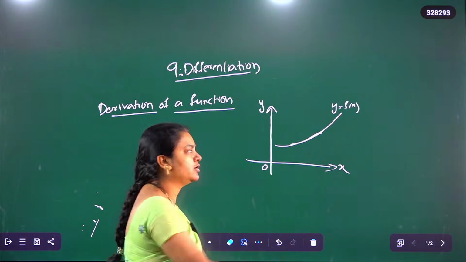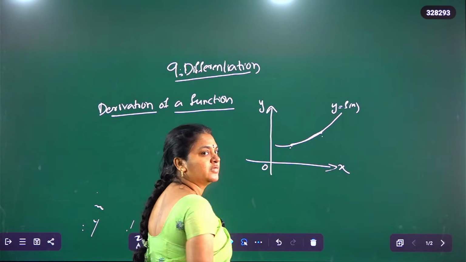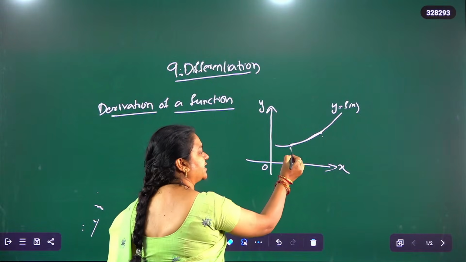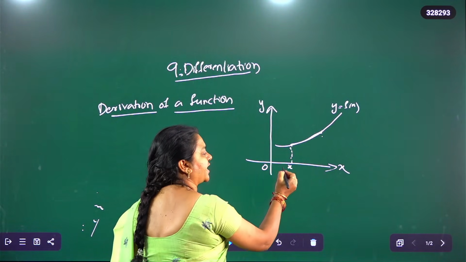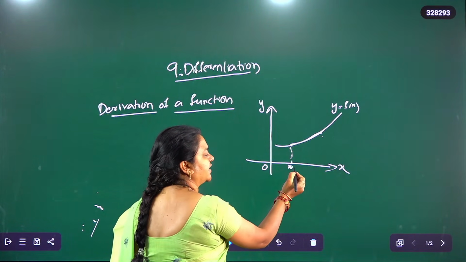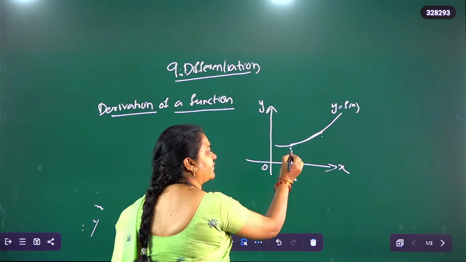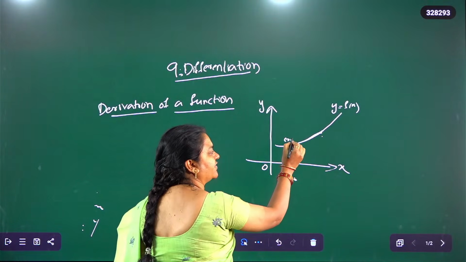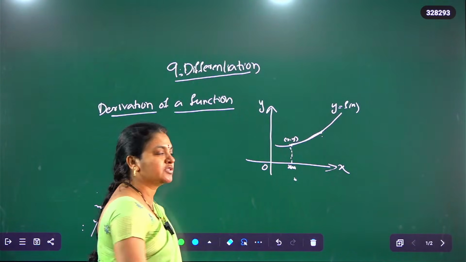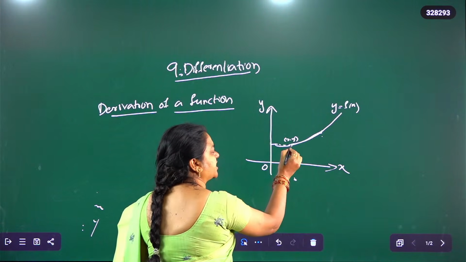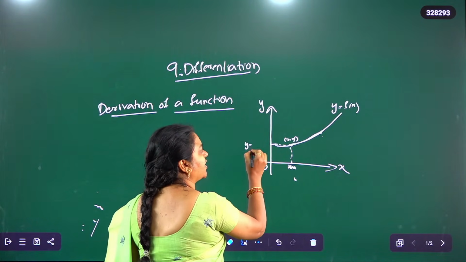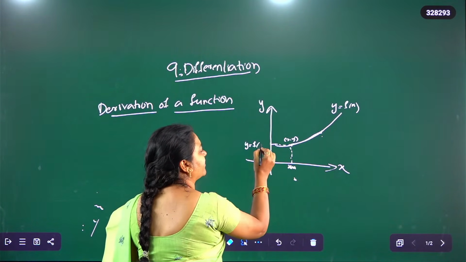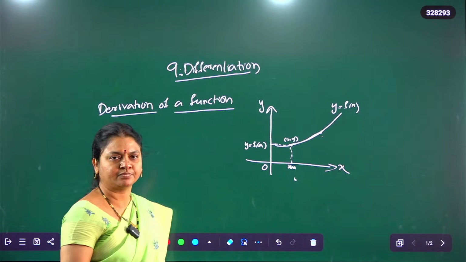Here the x coordinate is, let us say, a. For every value there will be an x coordinate and a y coordinate. So here the corresponding y is f of a.